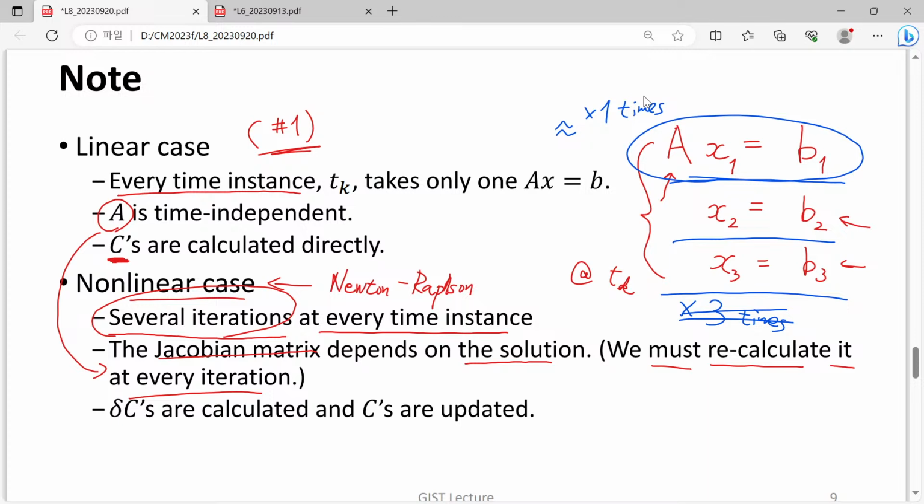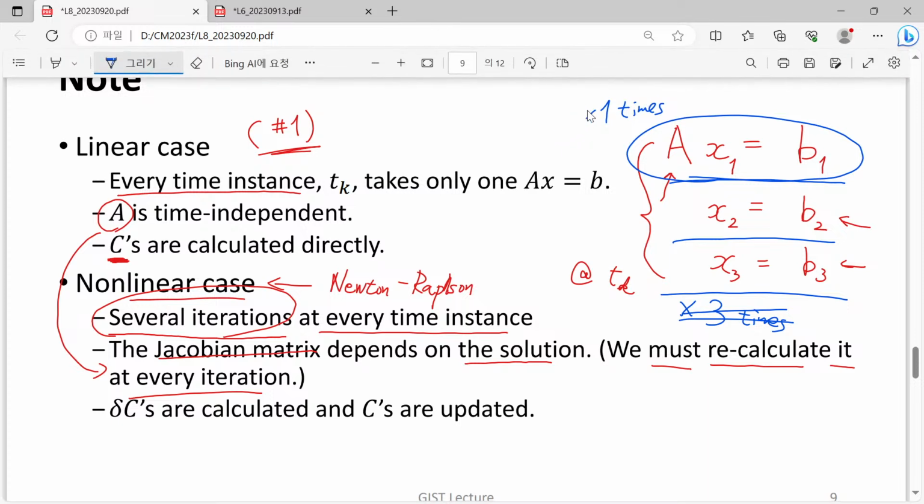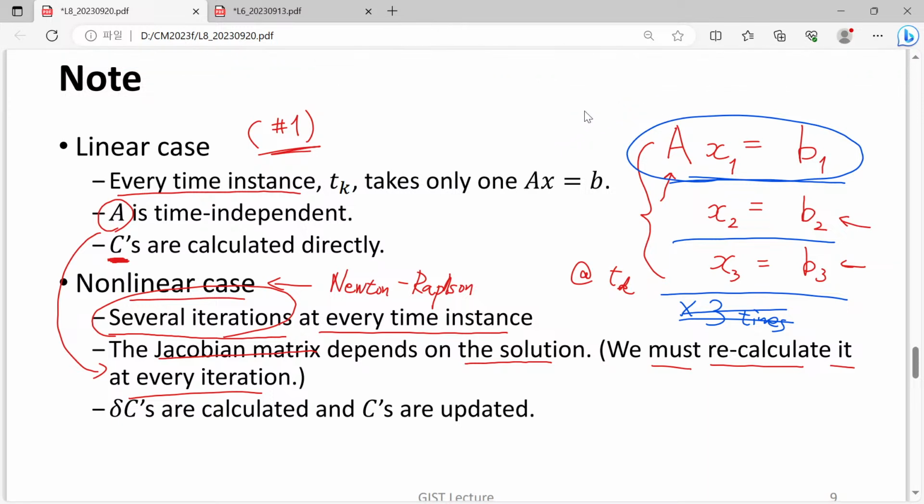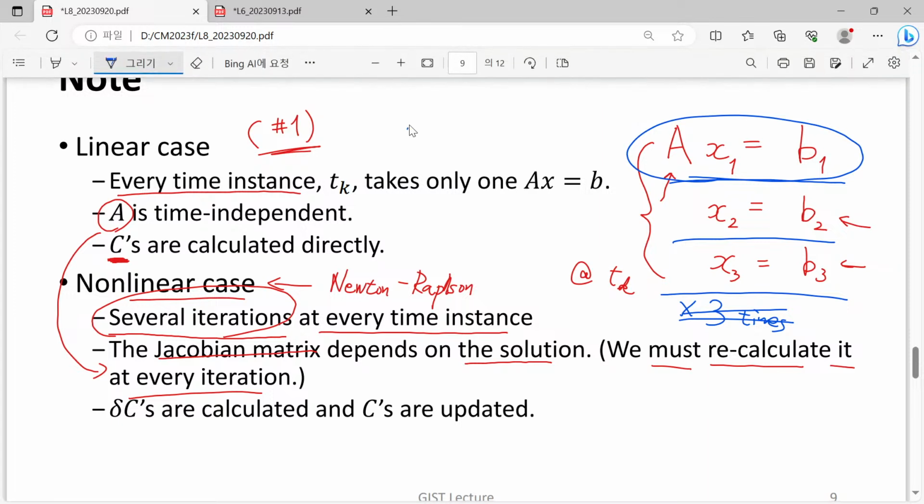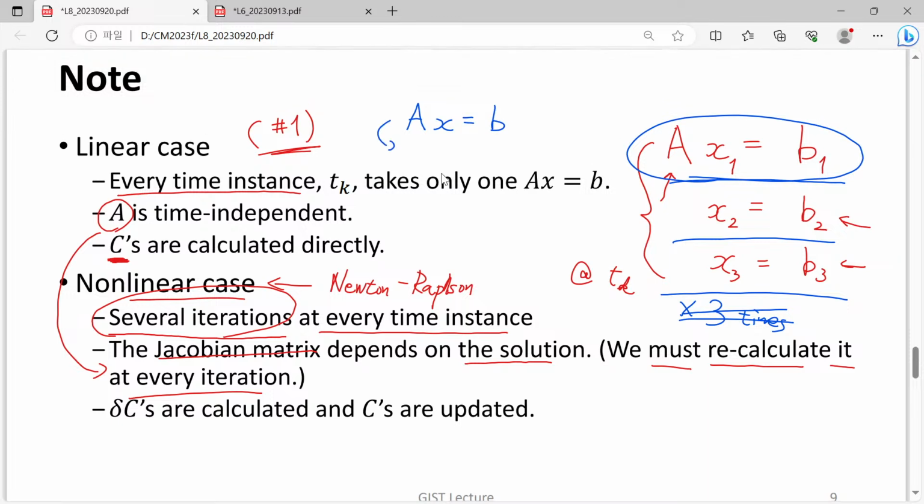Sounds quite strange, but please understand this situation. When you solve Ax equal to b in our textbook, when you are just a middle school or high school student, the analytic way is conceptually to multiply the inverse of A with b, then you will get the solution.